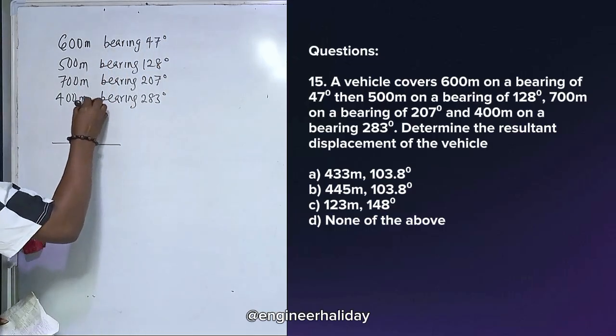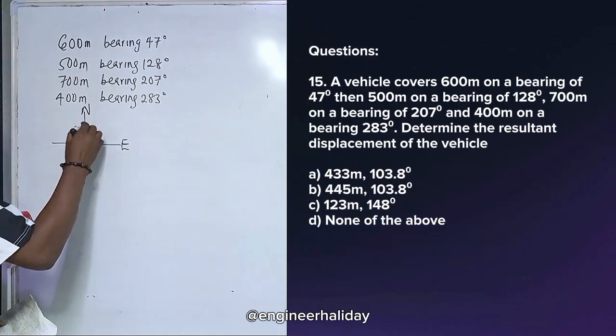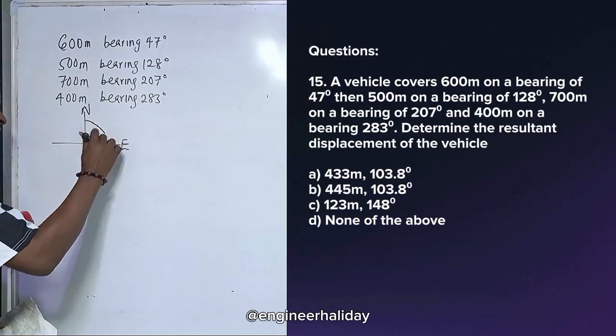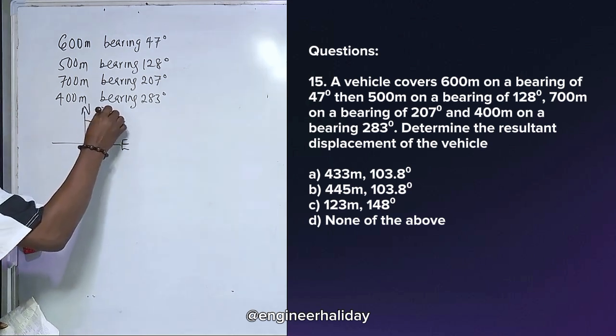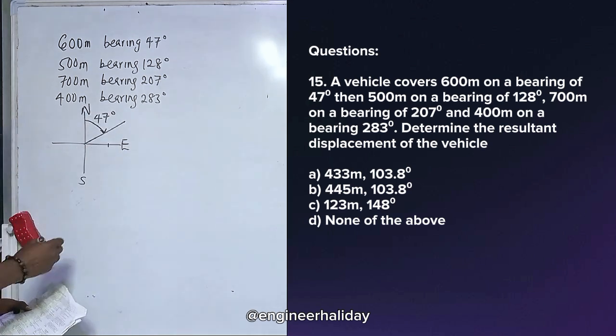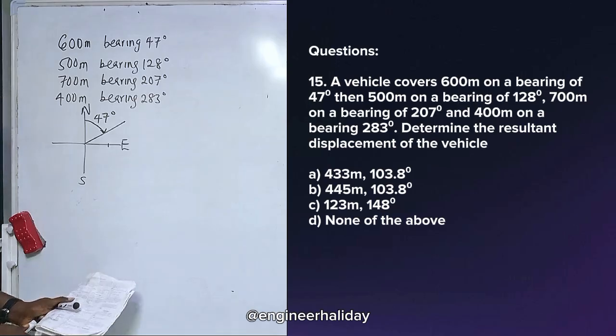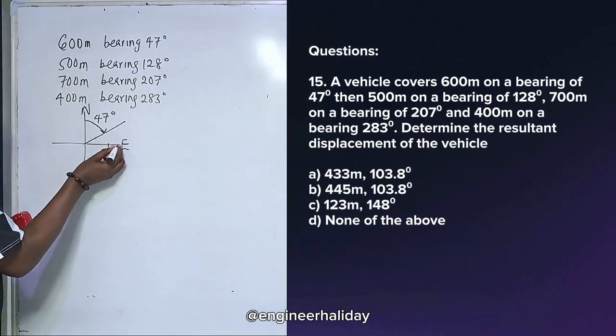You first of all draw the bearing. 47 should be less than 90. This is 47 degree. Then you interpret in vector form. To interpret in vector form, you have to move from the east anti-clockwise.